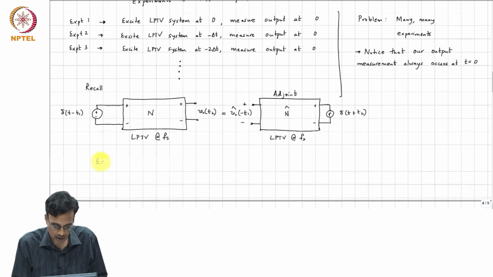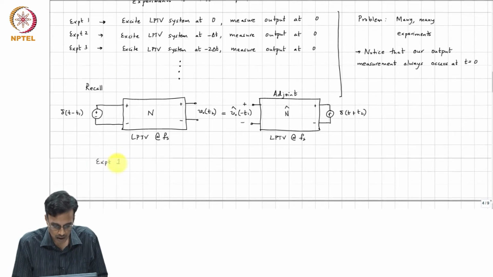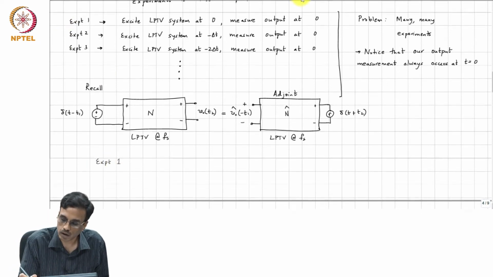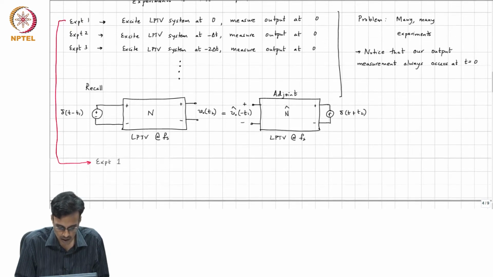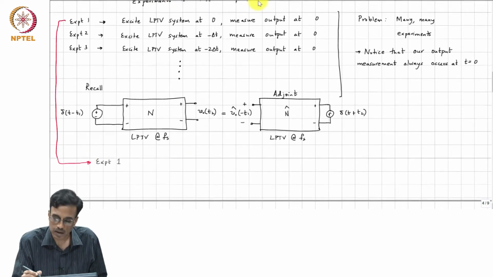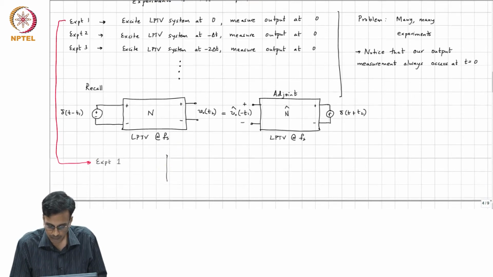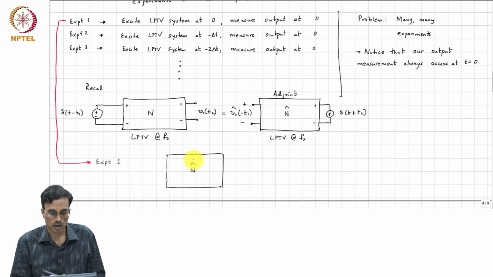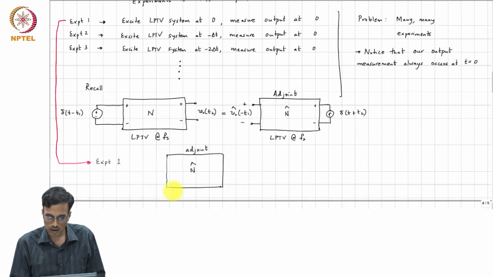So, experiment 1, which is this fellow here, we will take the adjoint network, this is the adjoint.